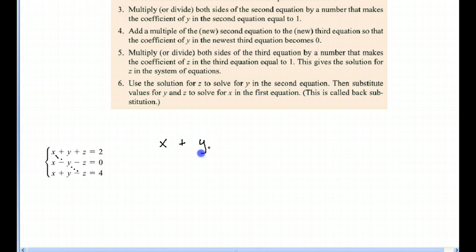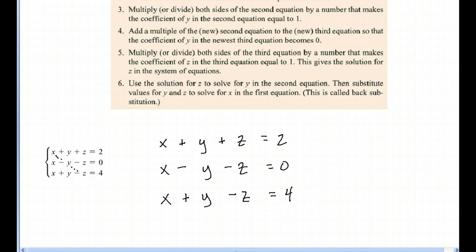So we got x plus y plus z up top equals 2, x minus y minus z equals 0, and then x plus y minus z equals 4.